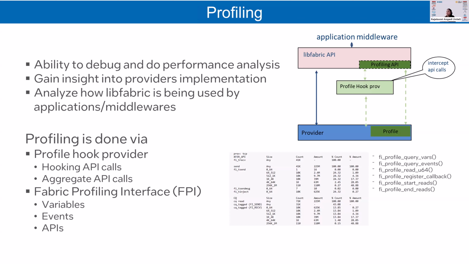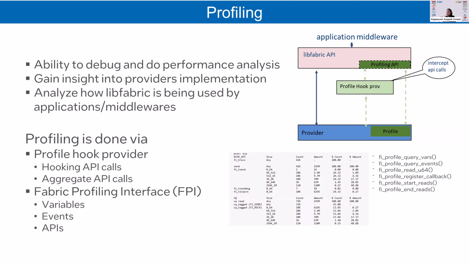Profiling is used to help us debug and understand the communication characteristics. It can help us understand how the communication APIs are used in an application or middleware, and it will also help us find the performance differences between different network interfaces or different network communication protocols.